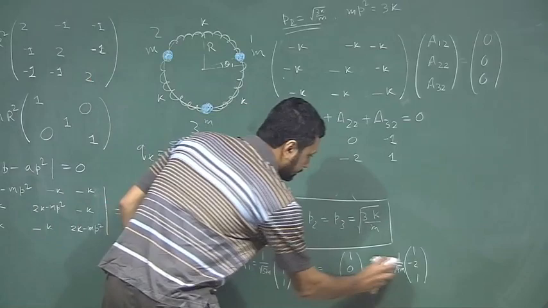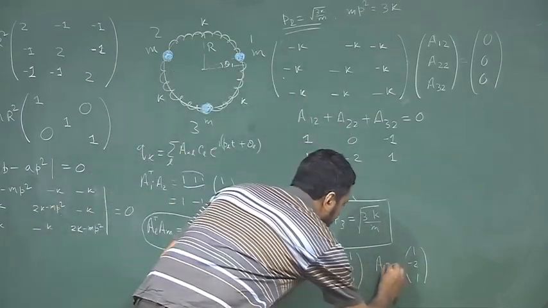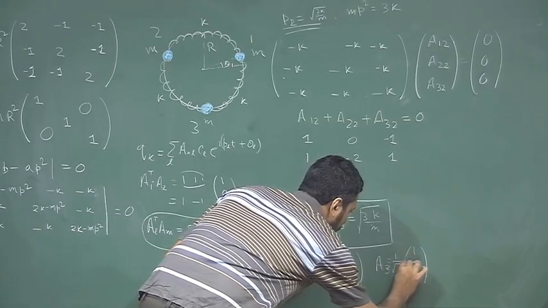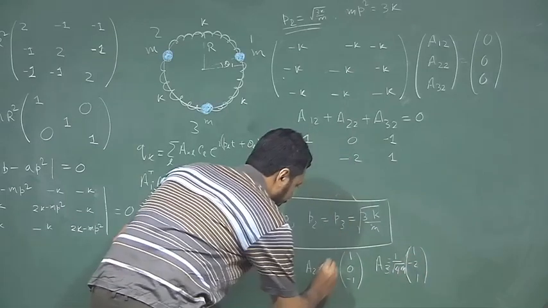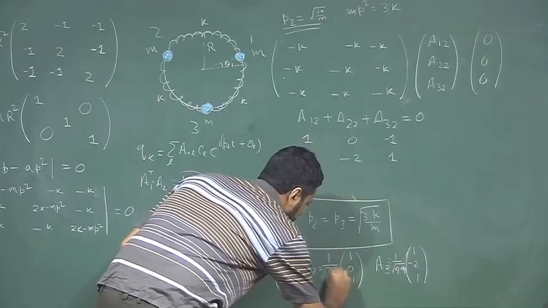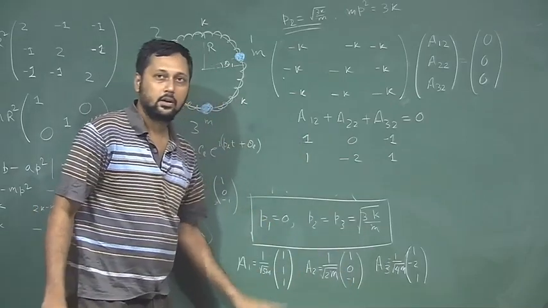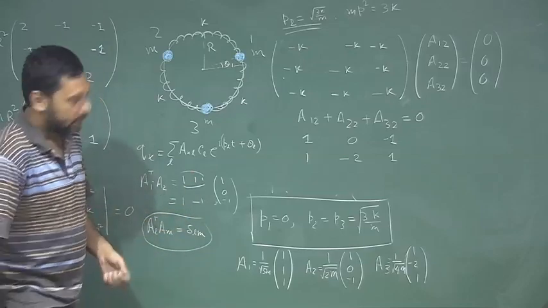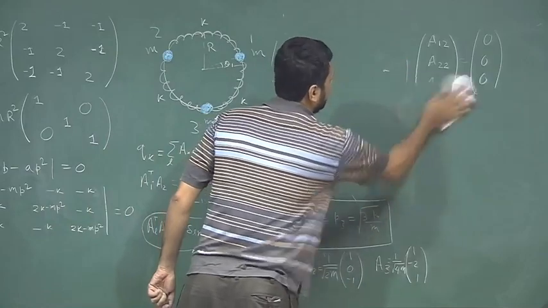The third is 1 by root 4m vector, 1 by root 2m vector, and this vector. So, these are the 3 normalized eigenvectors. Now, we are closing in order to finish this problem.